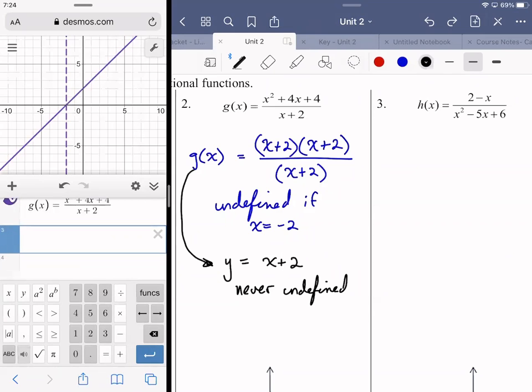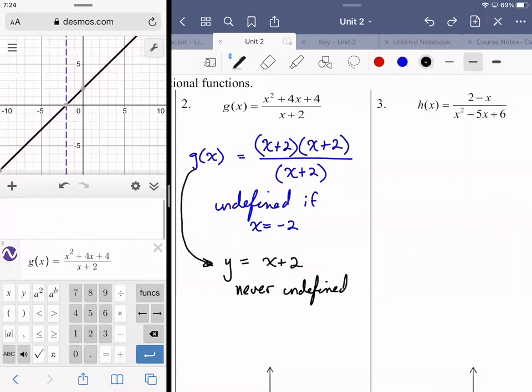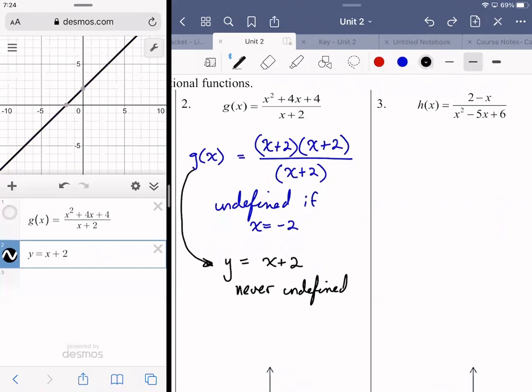And then I would plot y equals x plus 2. I'd look at these two separately and say, okay, well, this is my original. At -2, it's not a vertical asymptote.